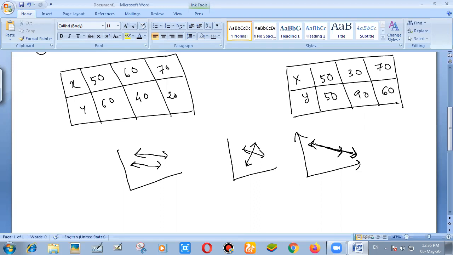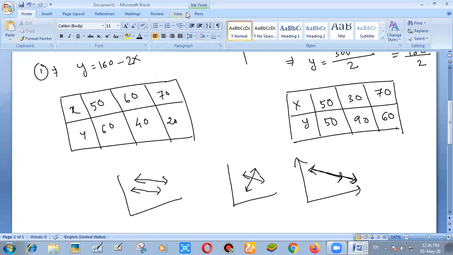Now see the page number 46. There is a table 3.4. See the page number 46. There is a table 3.4. See the table. Do you understand the table?